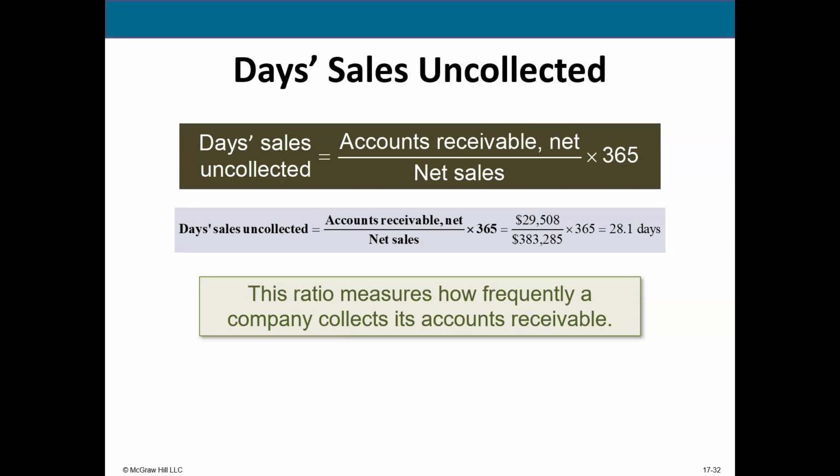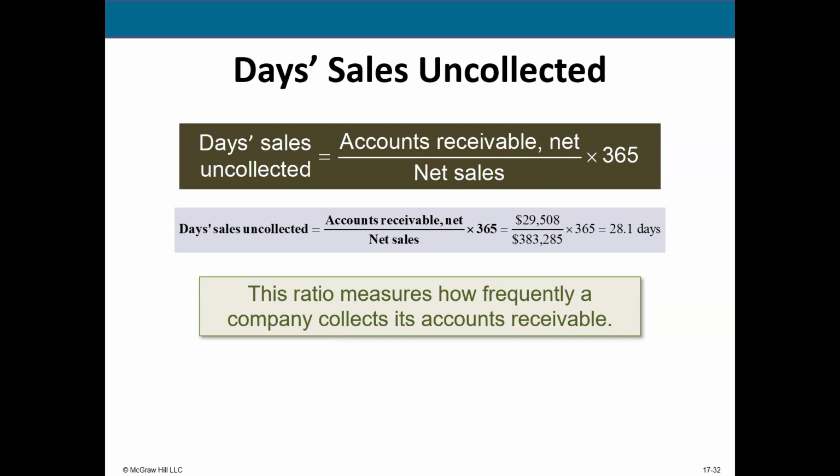Next ratio is the days sales uncollected. This measures how frequently the company is collecting on their accounts receivable. Great ratio. I like this one. We calculate this by taking accounts receivable divided by total sales and then multiplying it by 365 days.